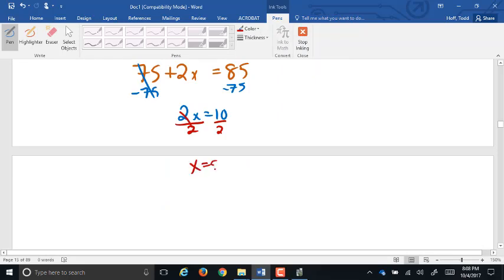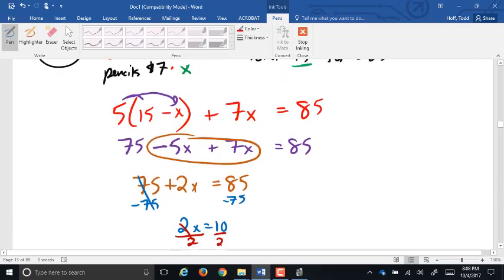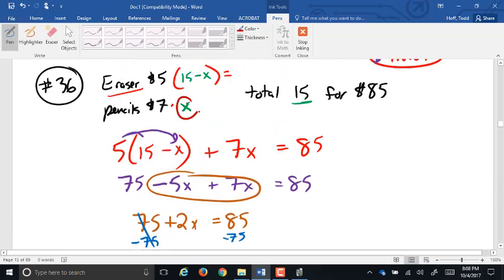Gives you X equals 5. So now we got to go back and figure out what X was. X was the number of cartons of pencils. There's 5 cartons of pencils. Then we got to do 15 minus X. 15 minus 5 is 10 cartons of erasers. Yep.